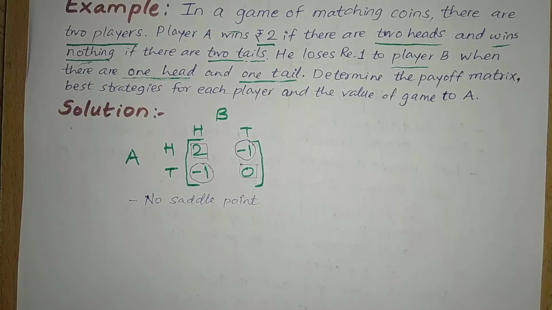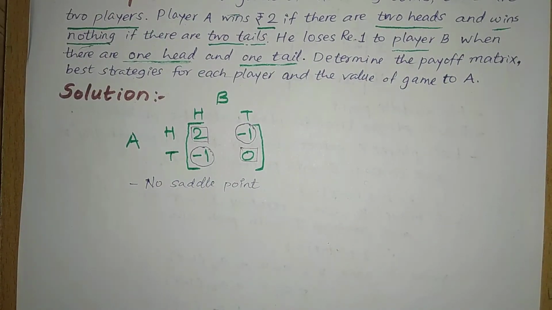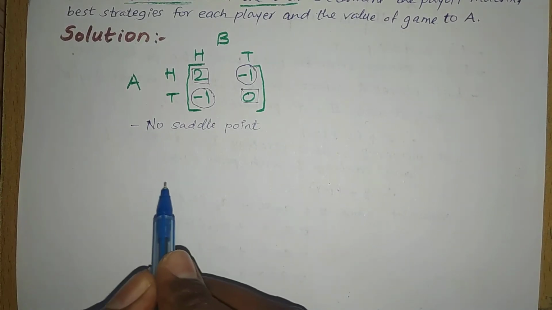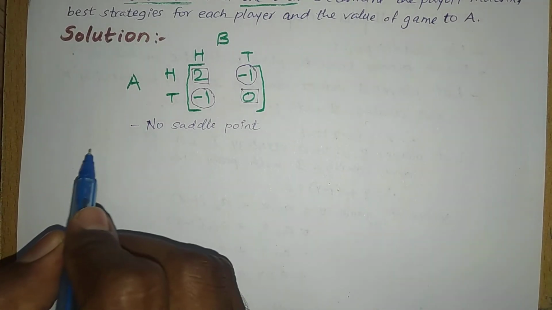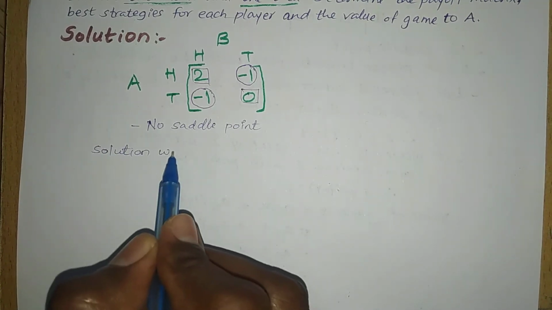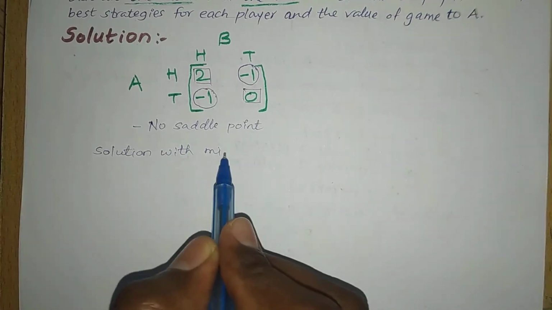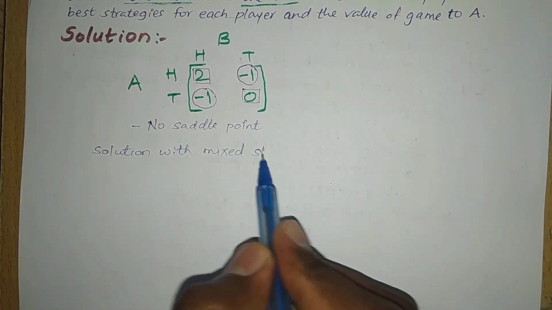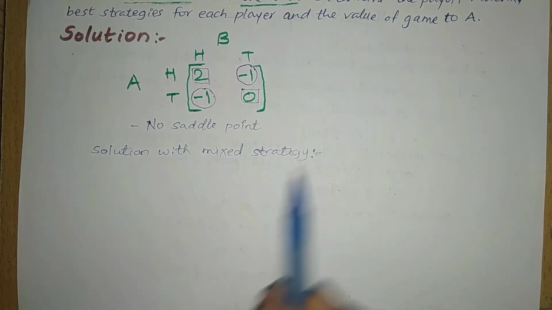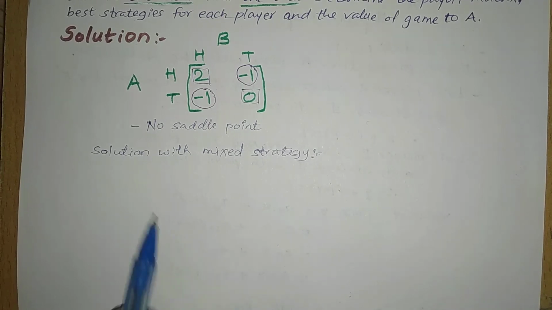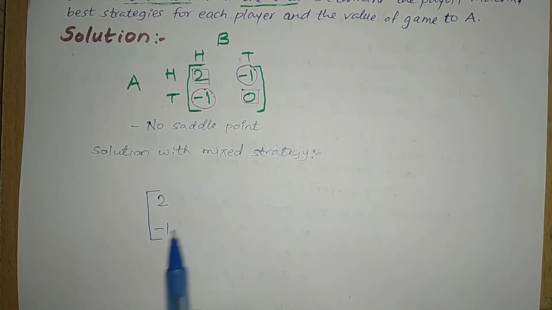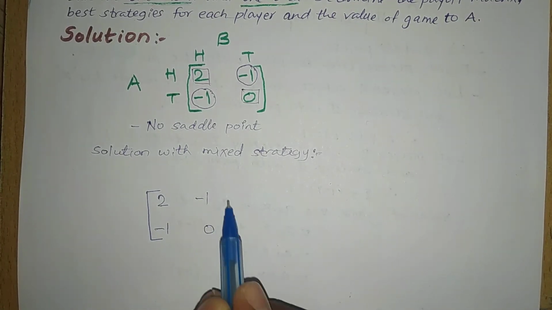Now let us rewrite the matrix and solve with a mixed strategy. The matrix is 2, -1, -1, 0.